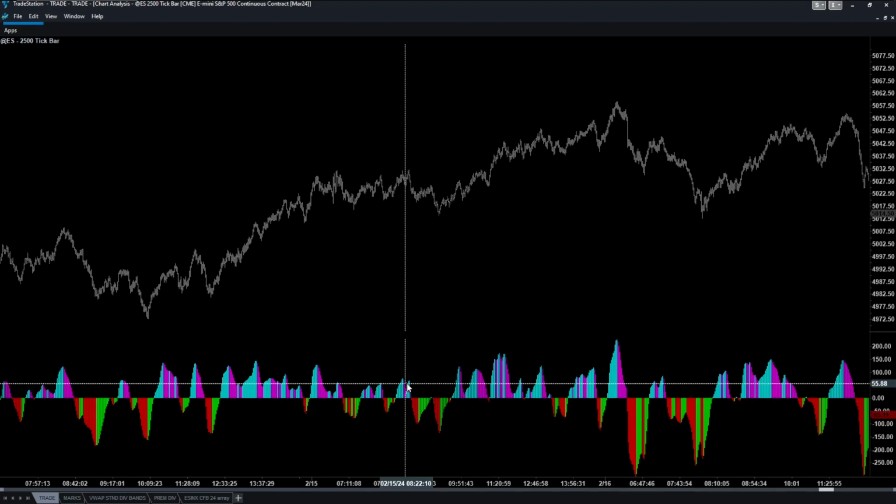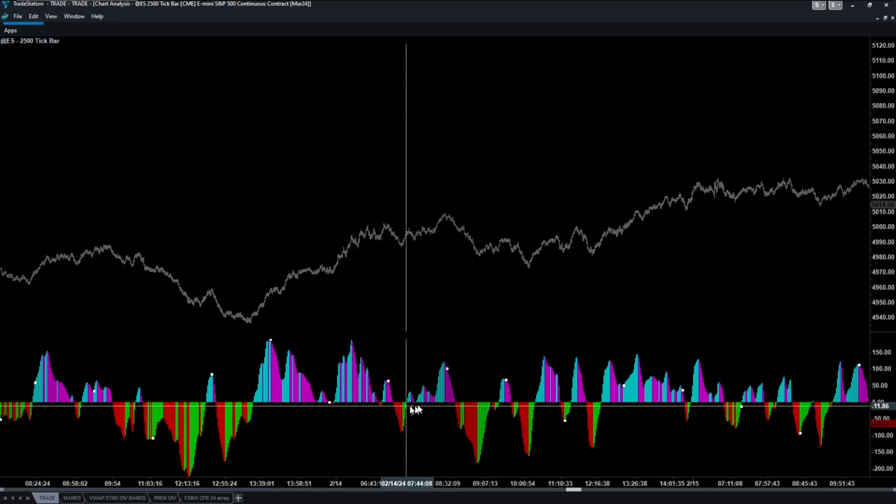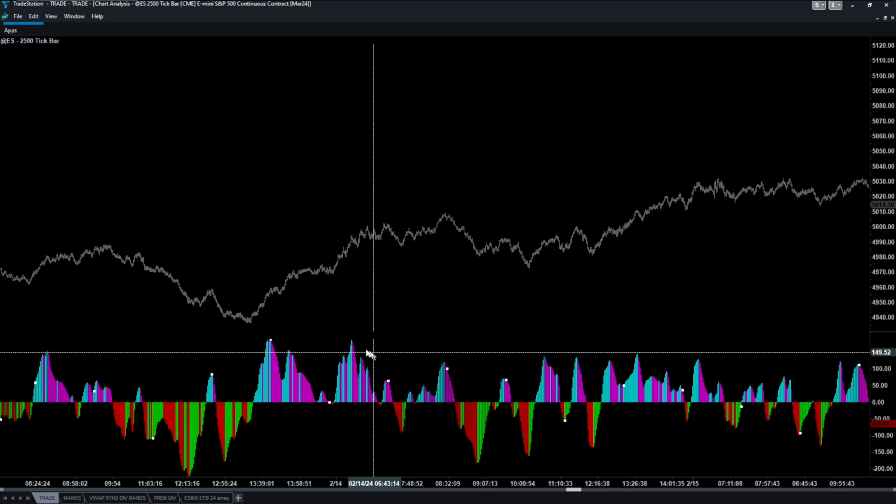Nice divergence showing up in here, however. And as we get higher and higher, here we're at a high, we are divergent compared to these highs.